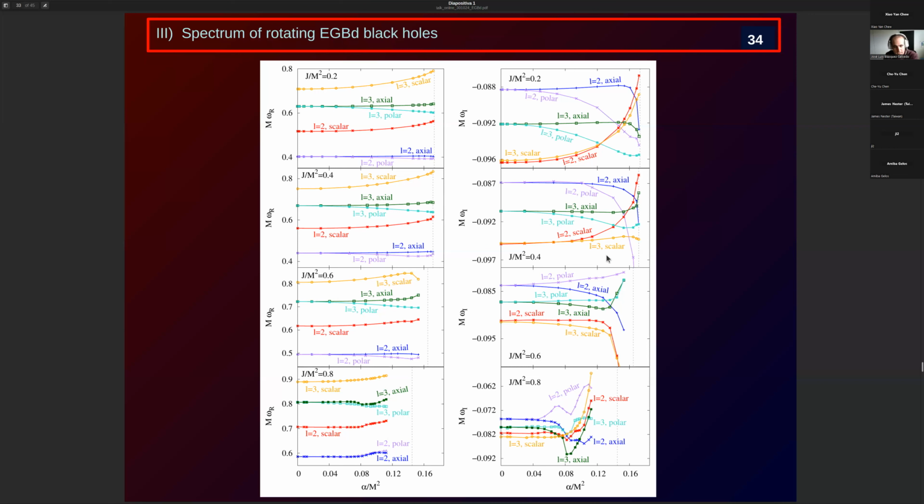And you see that the phenomenology here is quite rich, right? So depending on the coupling constant and the angular momentum, you have some sector of the spectrum dominating the other. So that's quite interesting, right? It means essentially that the spectrum of the ringdown is going to be much richer, not only because isospectrality is broken, but also, as you can see, some higher multipolar mode can eventually dominate the lower multipolar mode. So I think that's also very interesting for the study of the ringdown phase in these theories.